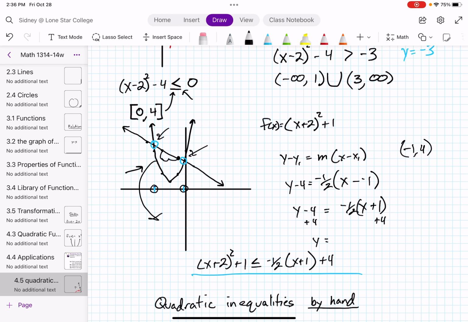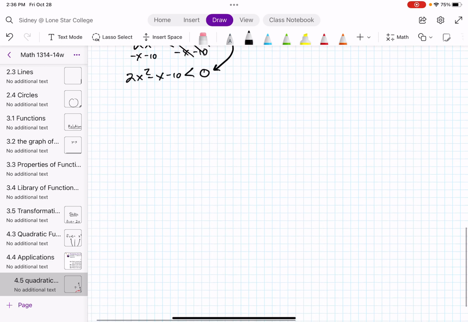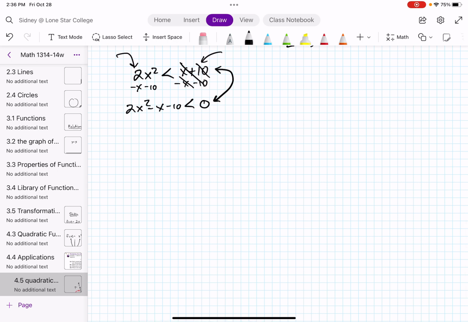The zeros of this new parabola, 2x squared minus x minus 10, are equivalent to the points of intersection. So if it is equivalent, then all we need to do is solve this and find the critical values of this new parabola.